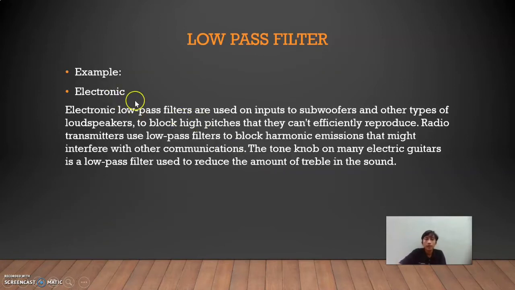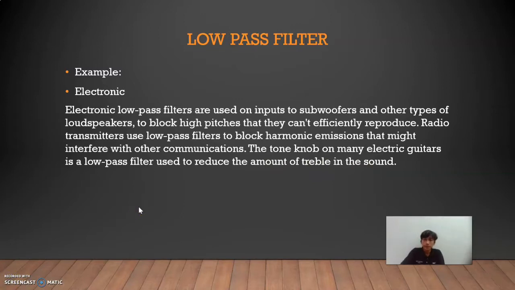For electronics, low pass filters are used on inputs to subwoofers and other types of loudspeakers to block high pitches that they cannot efficiently reproduce. Radio transmitters use low pass filters to block harmonic emissions that might interfere with other communications. The tone knob on many electric guitars is a low pass filter used to reduce the amount of treble in the sound.